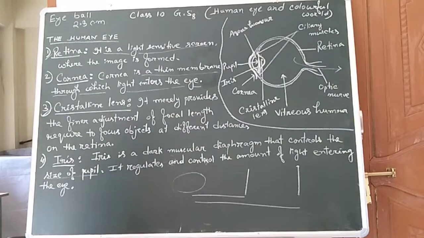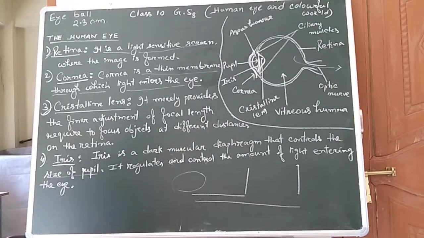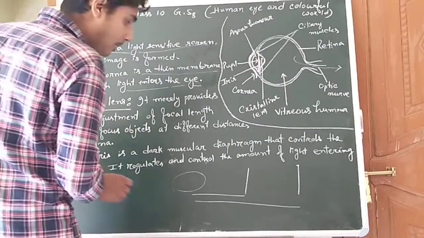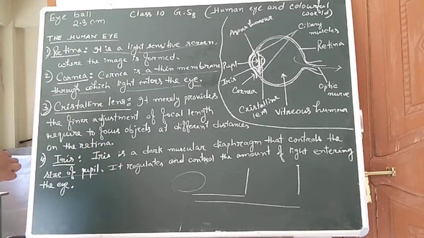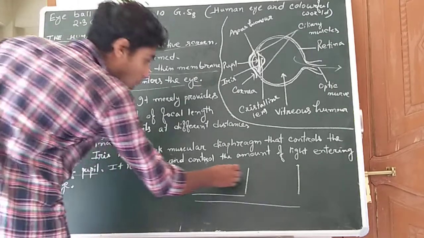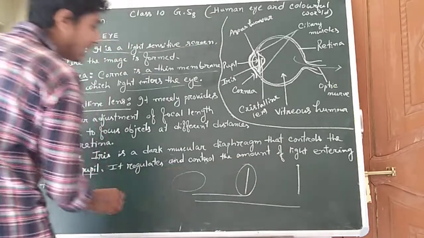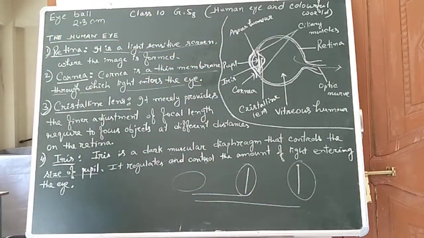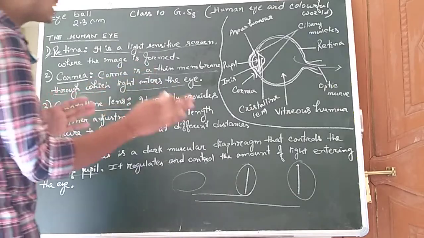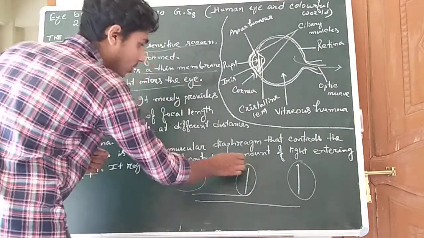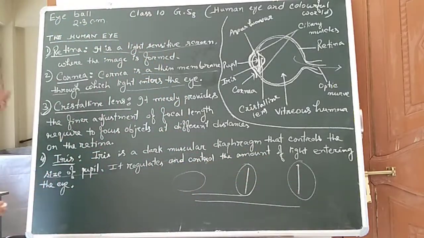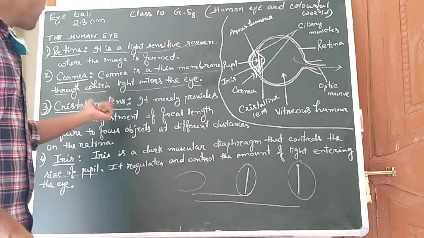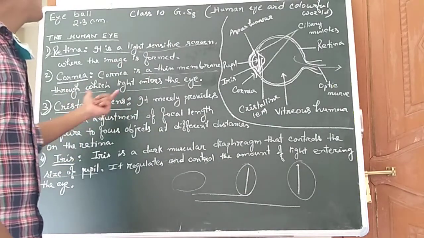Now when you use a mobile camera to capture a photo, if you focus on this object, then the backward object is blurred. You have noticed that. This is because of the focus. We are focusing on that object, not this object. Similar work is done by our crystalline lens.